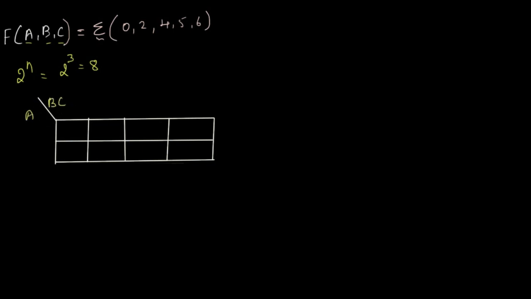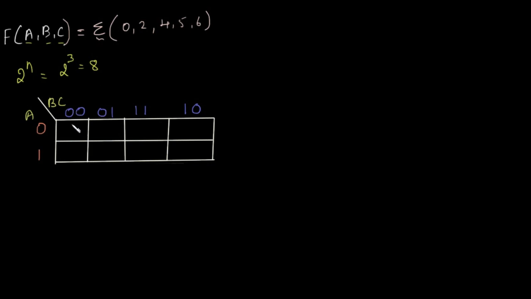We can give different colors to this. A can be 0, A can be 1, and B can be 0, and C can be 0, and B can be 0, C can be 1, and B can be 1, C can be 1, and B can be 1, and C can be 0. So according to the given problem, you have to fill the map.